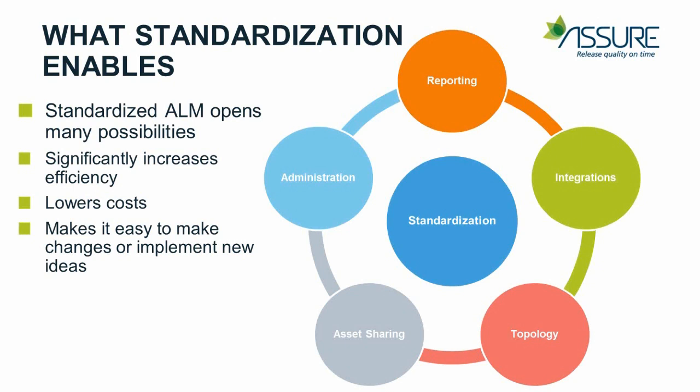Administration is much easier. Asset sharing is possible. By the way, it is difficult to do if you're not standardized. I already spoke about topology and integrations as well. It's very easy to do across multiple projects if you have the same fields in the same places. Now, standardization really increases efficiency. One of our customers talked at HP Discover, and they managed to bring their ALM to what they call the state-of-the-art ALM.